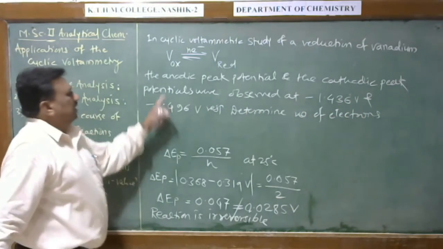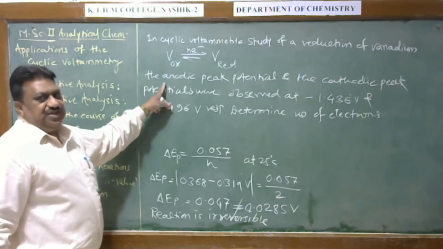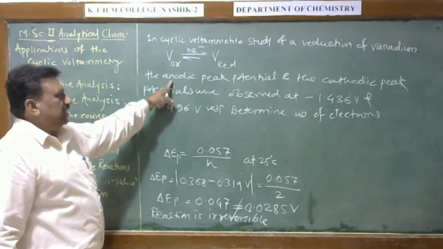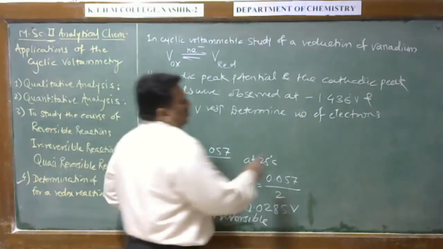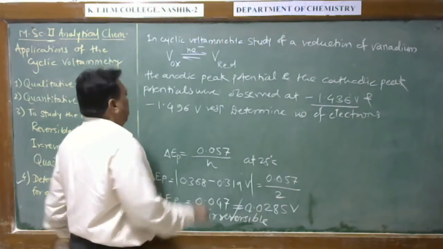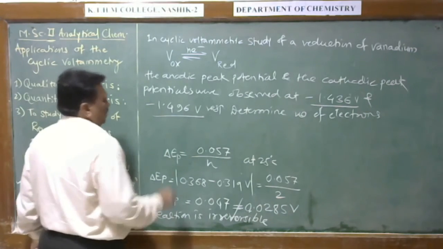Here cathodic peak potential and anodic peak potential are given. That means cathodic peak potential is minus 1.436 volt and anodic peak potential is minus 1.496 volt.